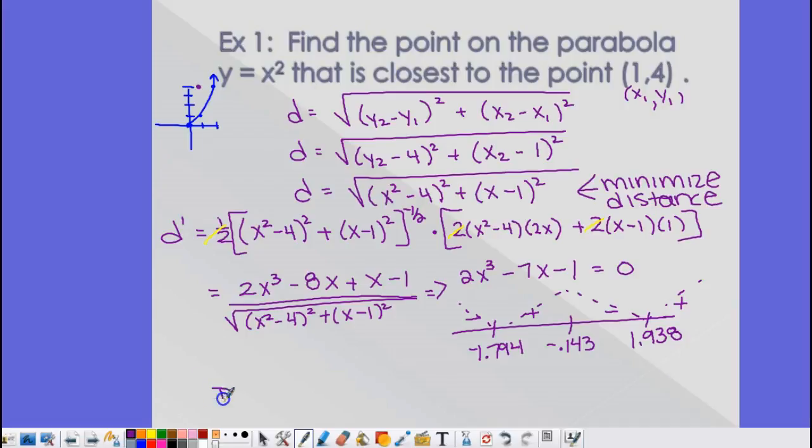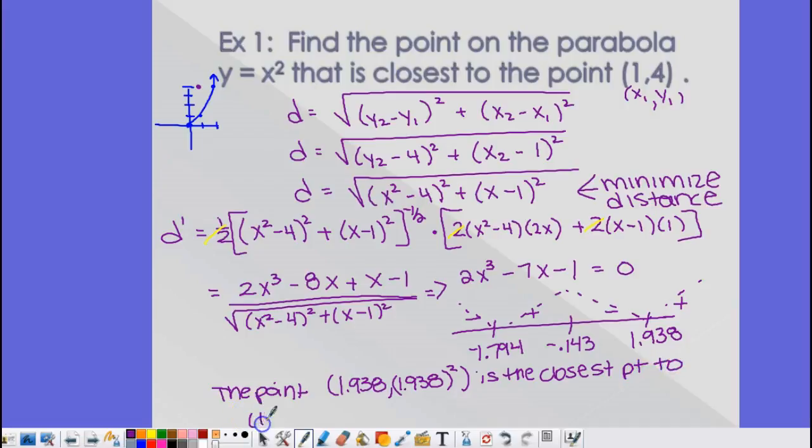So I would say the point 1.938 comma that number squared is the closest point on the curve y equals x squared.